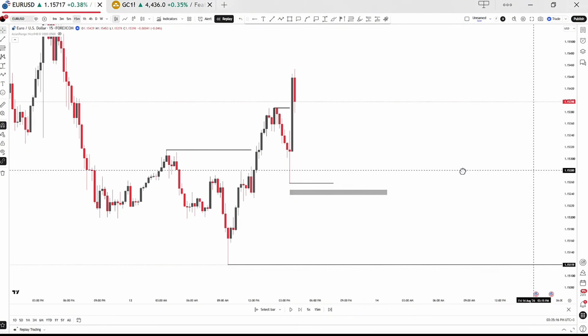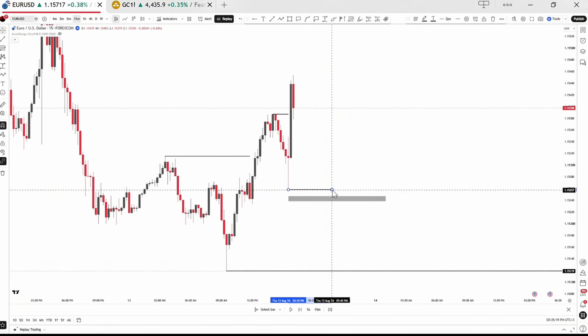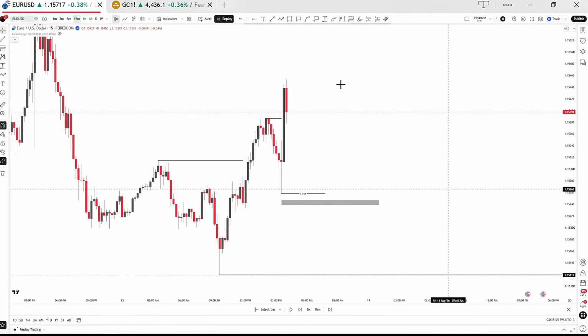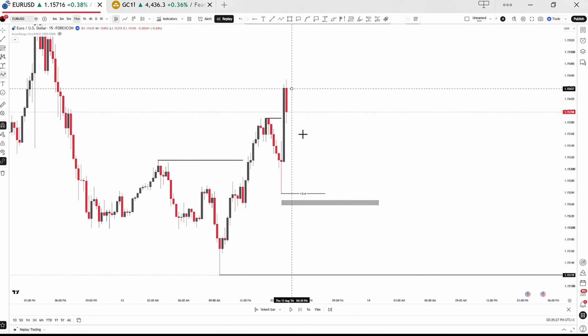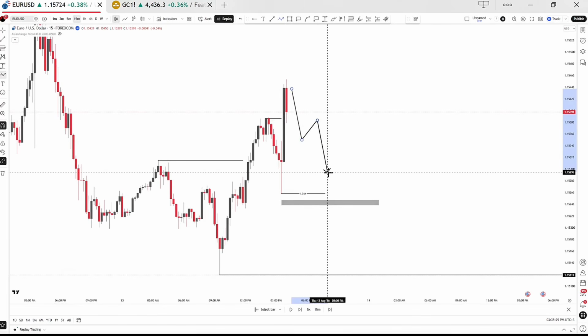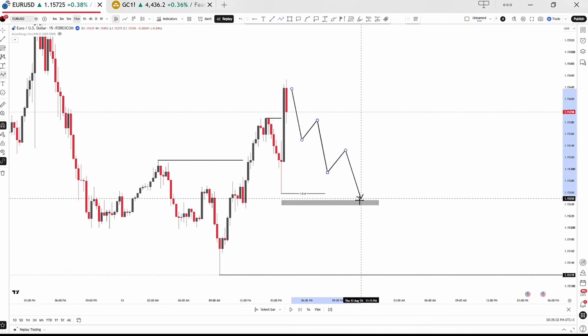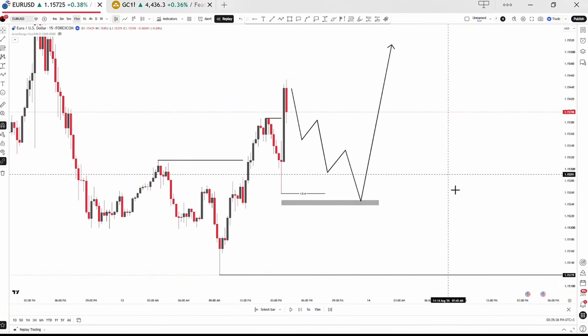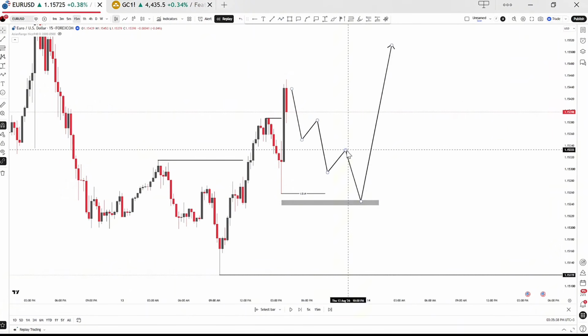So I'm going to use this as an inducement, short form IDM. So once price pulls back just a little bit here in this format, I'm going to drop to a smaller time frame and then catch this trade effortlessly.